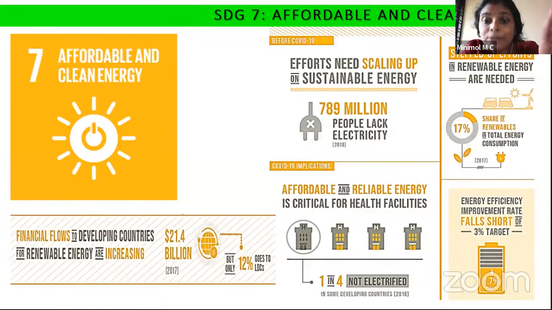Affordable and reliable energy is critical for health facilities, especially in the wake of the COVID-19 pandemic. But even now, 1 in every 4 persons is not electrified in some developing countries. The energy efficiency improvement rate is actually falling short of the 3% target. The target is actually 3%, but it is falling short of that.